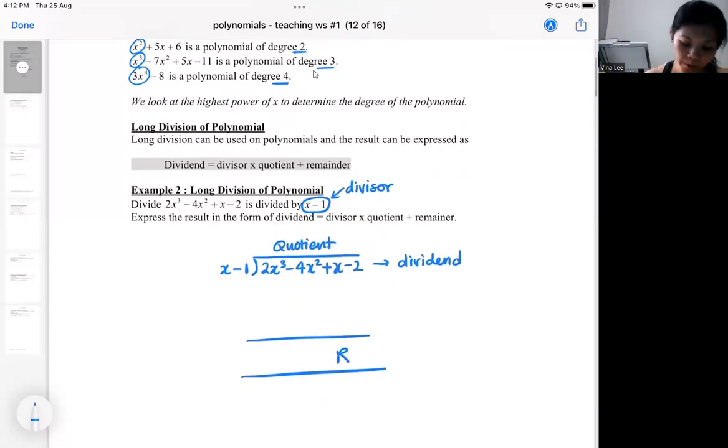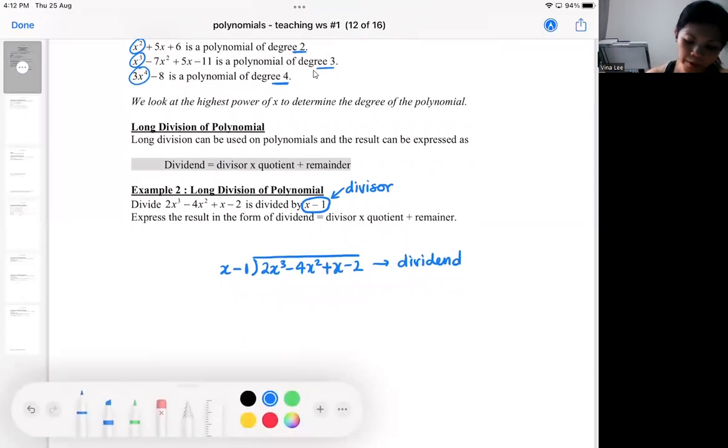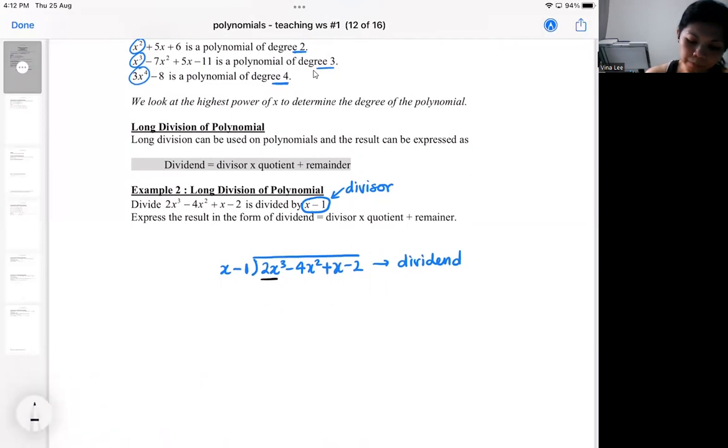So how are we going to go about doing a long division? We compare the first term, 2x cubed, with x. You ask yourself, x times something to give me a 2x cubed. So there will be a 2x squared. The quotient that you chose will be multiplied to the divisor.